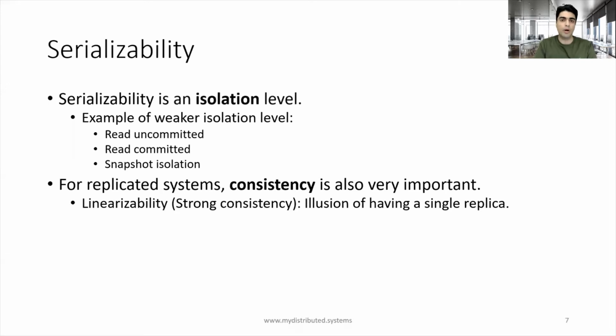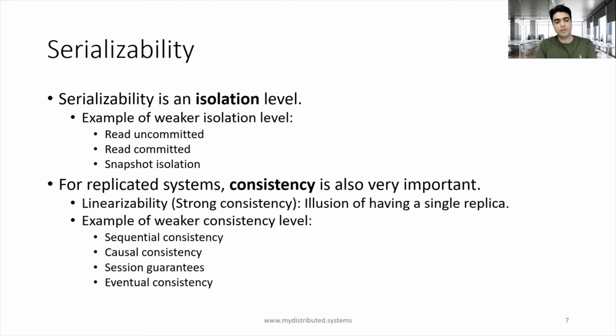Although we might have several replicas in our system and clients can access each of these replicas, these replicas are consistent with each other such that to the application and the client it appears that we have only a single replica. We have weaker levels of consistency, for example, sequential consistency, causal consistency, session guarantees, and of course eventual consistency. It is very important to distinguish these two completely different dimensions, isolation and consistency.